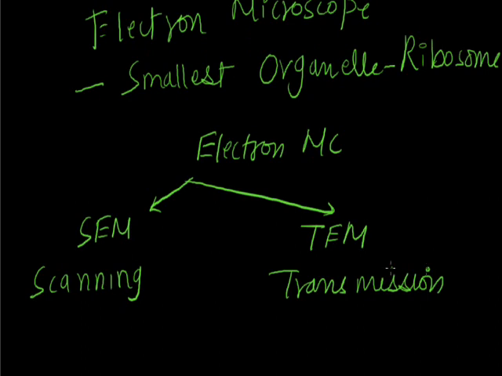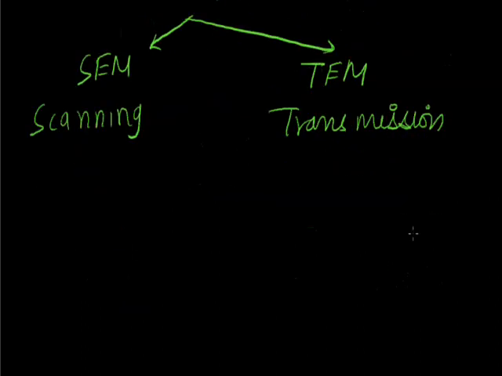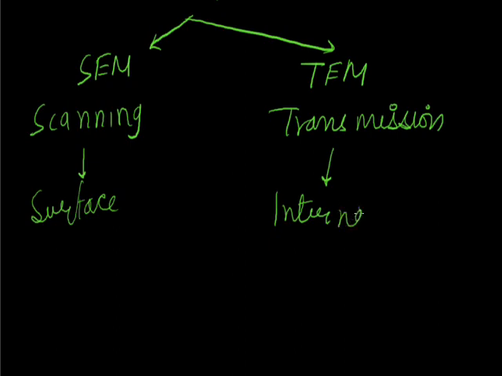So these two microscopes, one simple and the second compound, are not able to visualize very small structures. In the scanning electron microscope, we can study the outer surface of an organelle, and with the help of the transmission electron microscope we can study the internal structure of the cell.